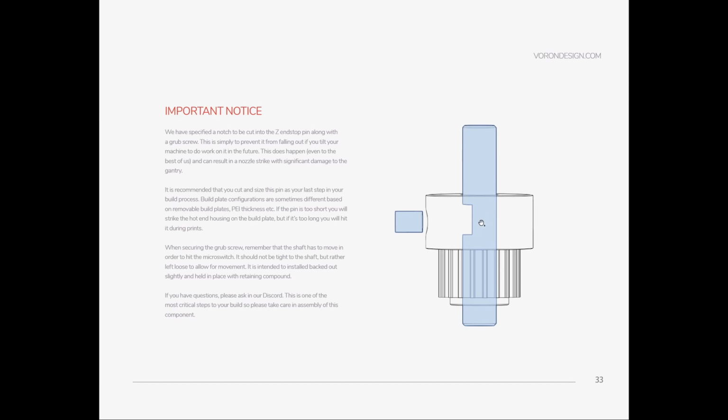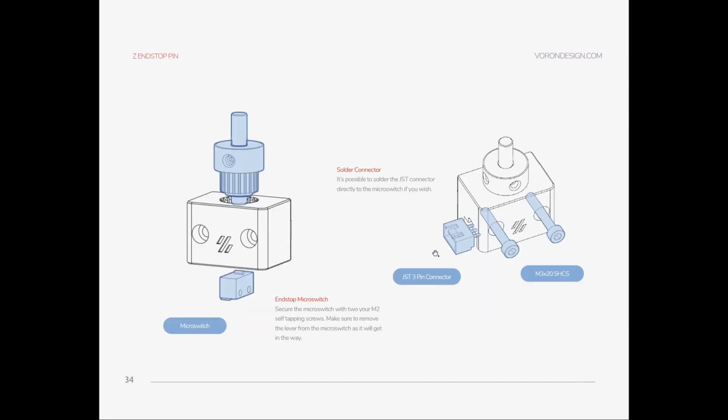So it can create a dangerous situation. So I would advise you to create this notch. You don't need to be precise. You just need to place the grub screw. That's all. Like I said, I would advise you to do that at the end, once the Z end stop and your bed are installed on your frame.